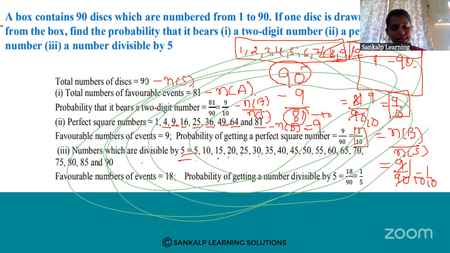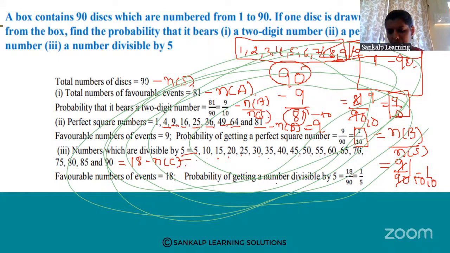How many numbers are there? 1, 2, 3, up to 18 numbers are there. So these all are divisible by 5, right? So 18 numbers, this I will call n of c. This is the favorable number of outcomes.